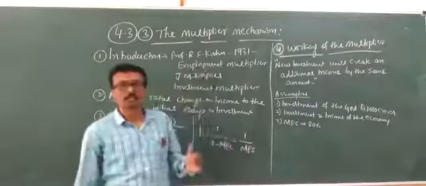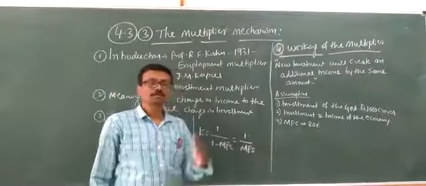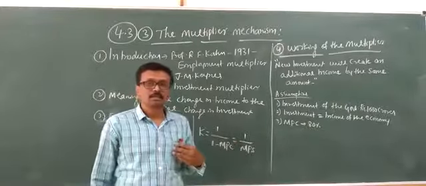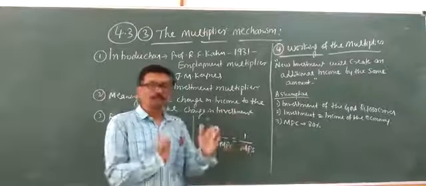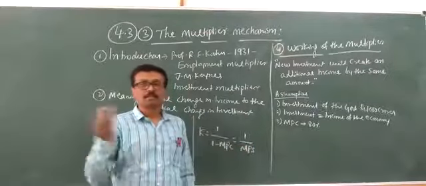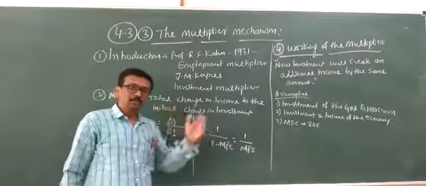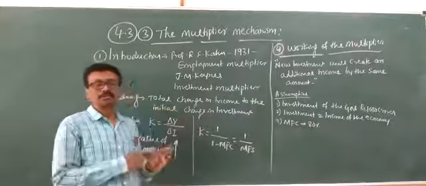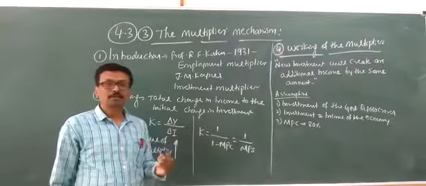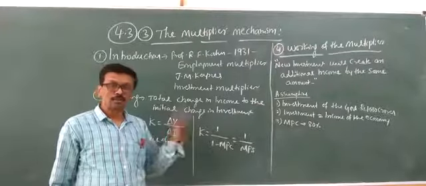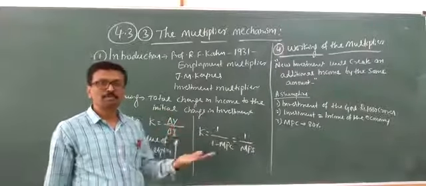Last class we learned about macroeconomic equilibrium, demand side and supply side, with the help of the consumption function and investment function, autonomous investment, autonomous consumption, individual investment and individual consumption.